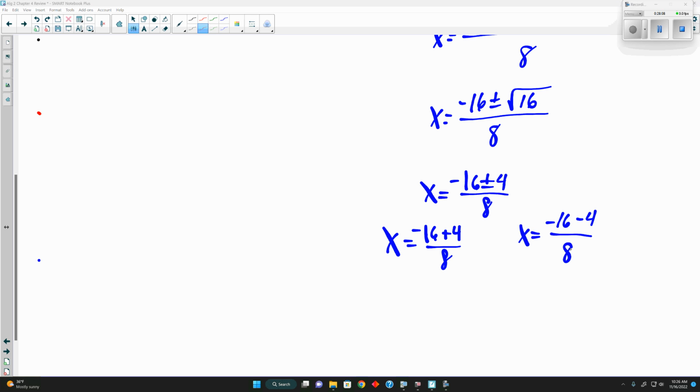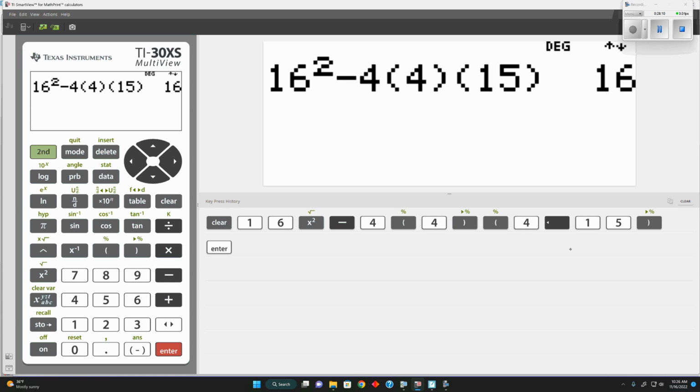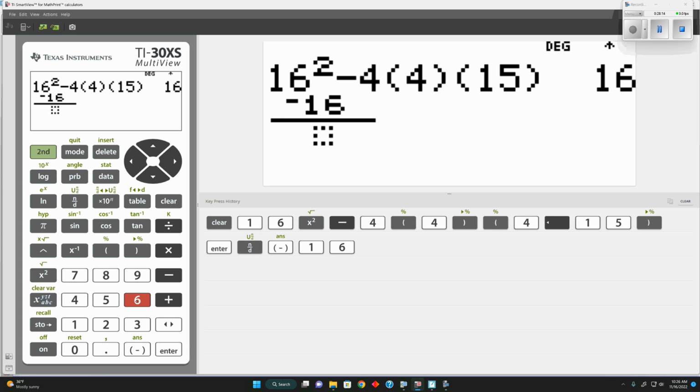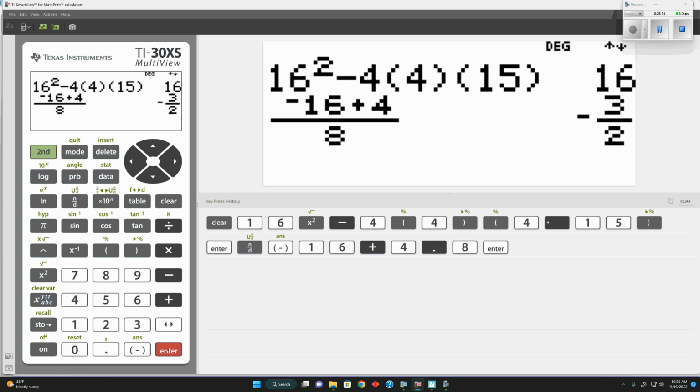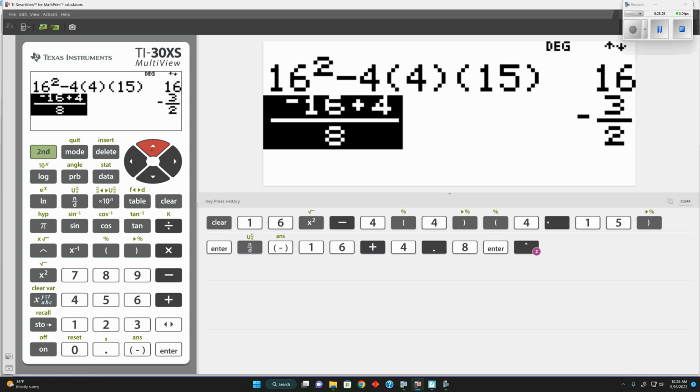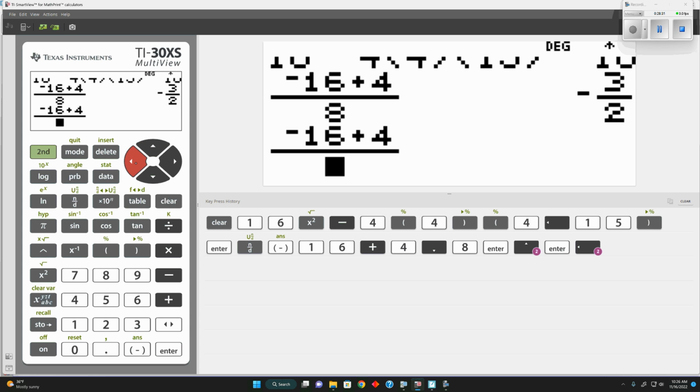And this is kind of nice in the calculator, is I can do fraction negative 16 plus 4 over 8 and hit enter. And we get negative 3/2. I can come up, select it again, and change the plus to minus, and we get negative 5/2.